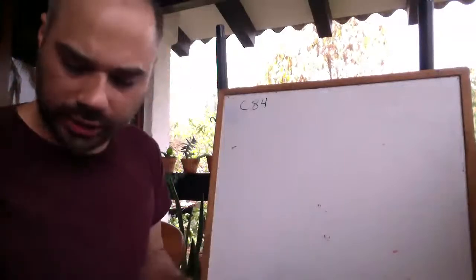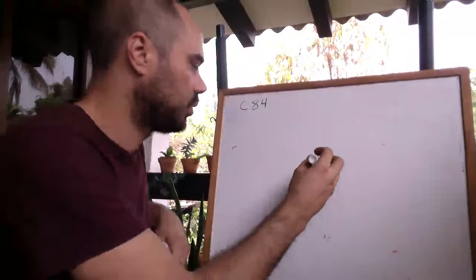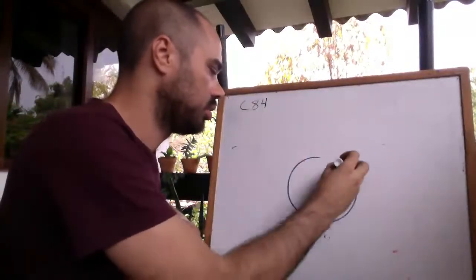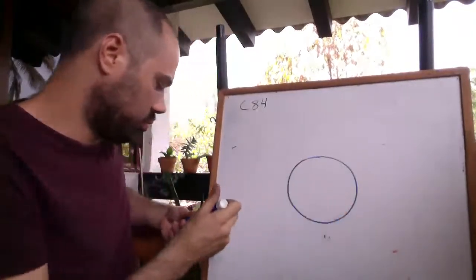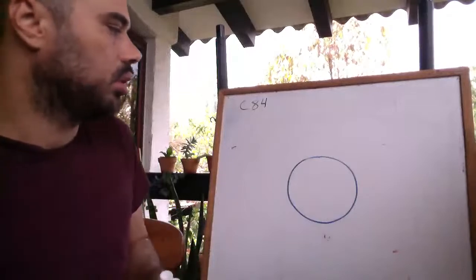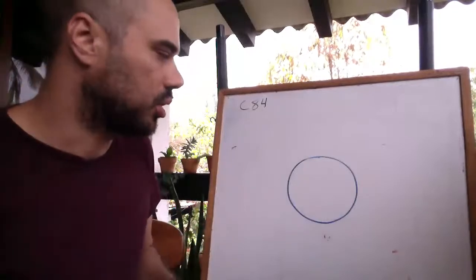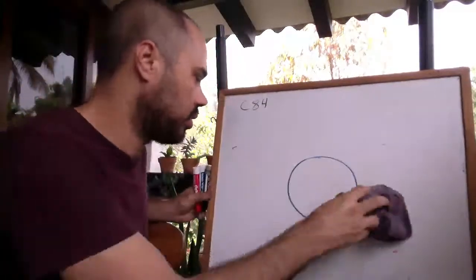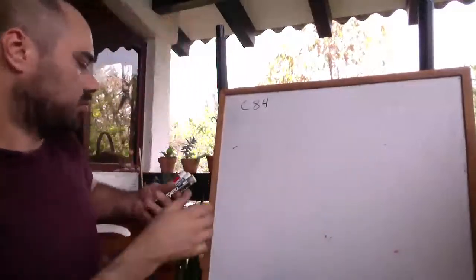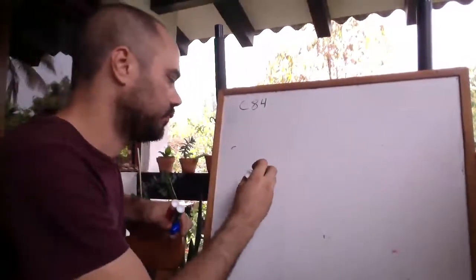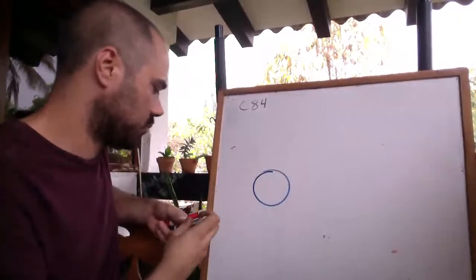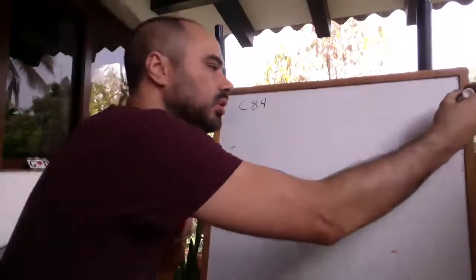So, if we look at the Earth and we look at the moon, we have to consider the position of the sun. So I'm going to make this Earth more over here. The sun is going to be in this direction.